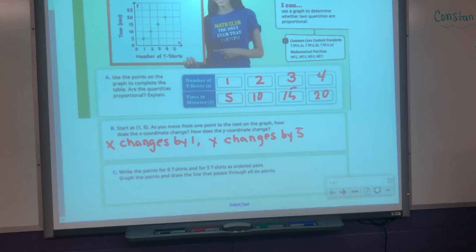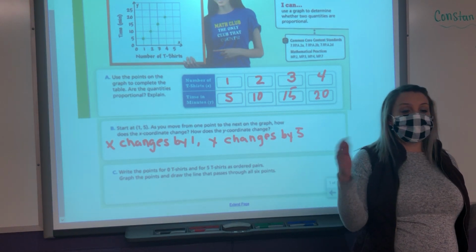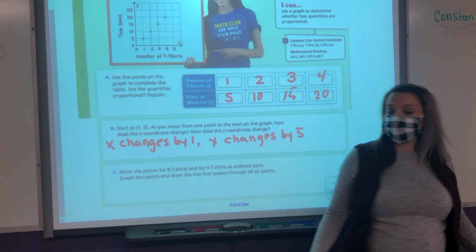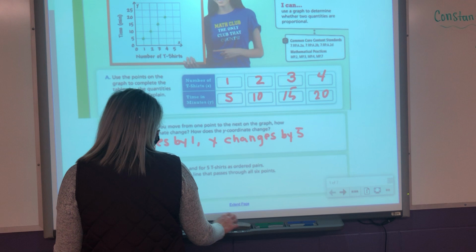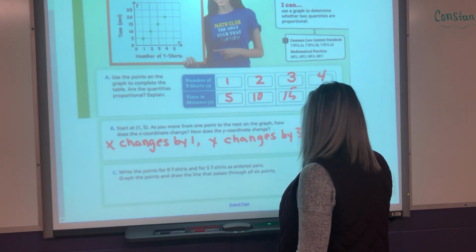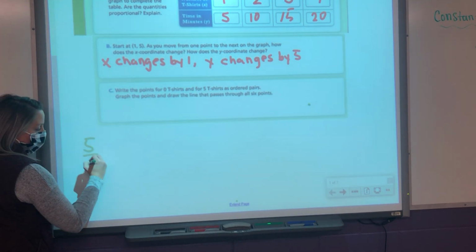Yes, that's an IAT. Okay, so like Craig said, we're testing for proportionality, so we're testing y over x. When we test for y over x, our first is 5 over 1.